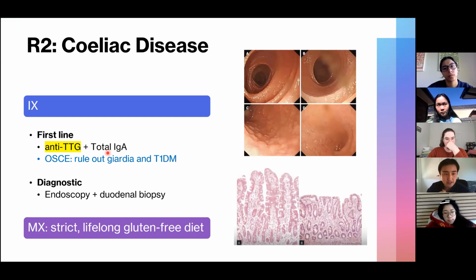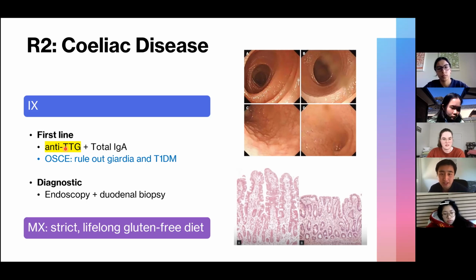So if IgA is low, then your anti-TTG is also going to be low because anti-TTG is an IgA antibody. So in those patients, you wouldn't use anti-TTG, you would use something else, such as anti-endometrial antibody. So that's essentially the main reason why you always order a total IgA together with anti-TTG.